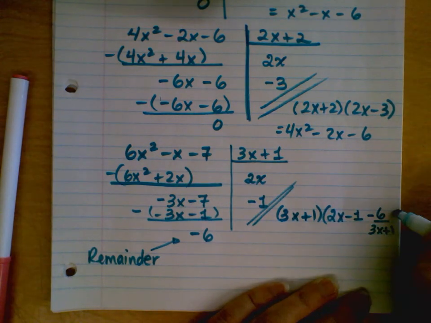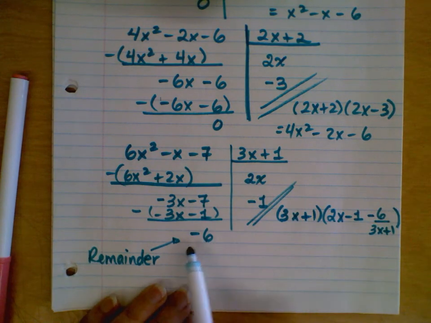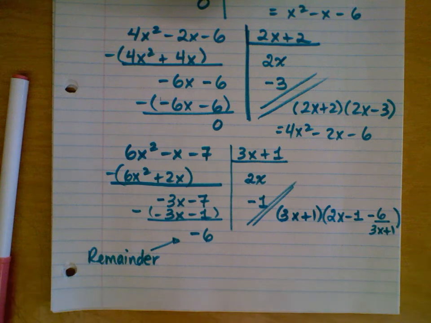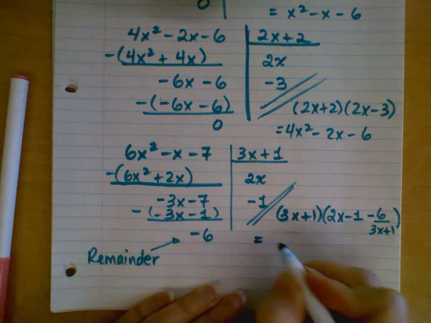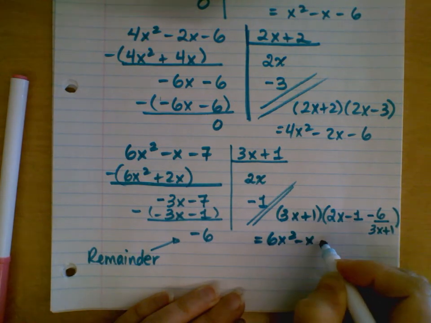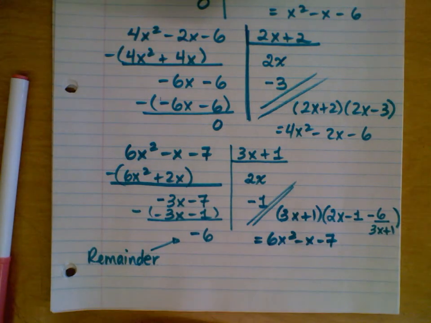So that last division of negative 6 divided by 3x plus 1 doesn't result in a whole number or a nice even value. So I leave it as a fractional expression. And again, you could use distribution and verify that answer.